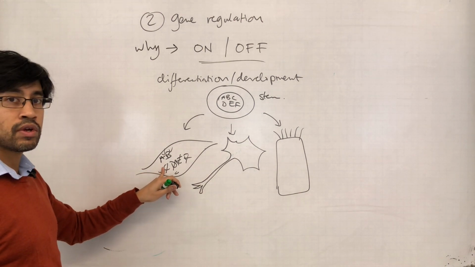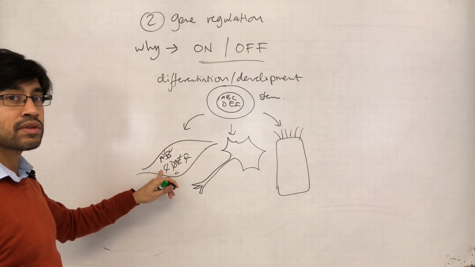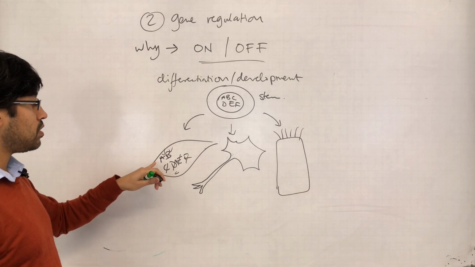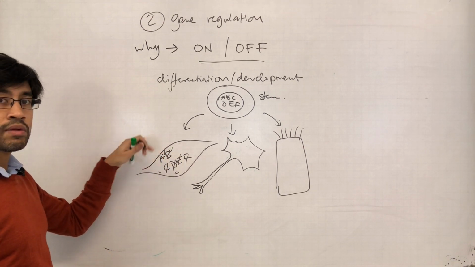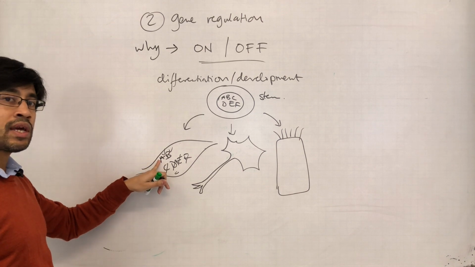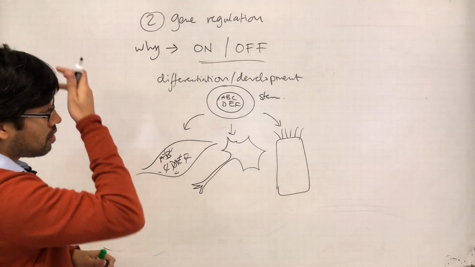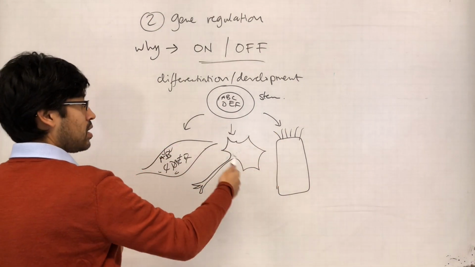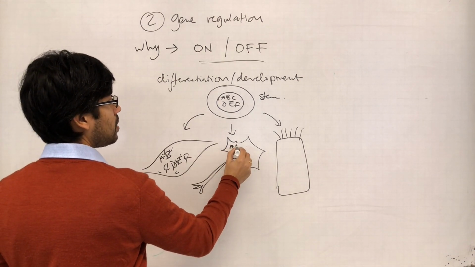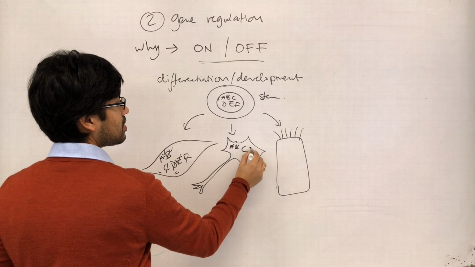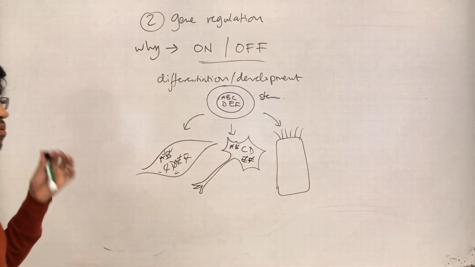Now you can't delete that DNA, but what you can do is not express the genes. So we'll be transcribing and translating the information from genes A and B, and making proteins from genes A and B, but we won't be making proteins from genes C, D, E, and F. Similarly, in this neuron, for example, we will have A and B off, but we will express C and D, and again, we will not be expressing E and F. We need to repress those genes.